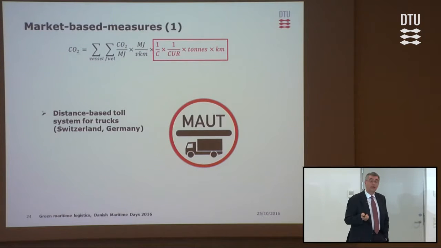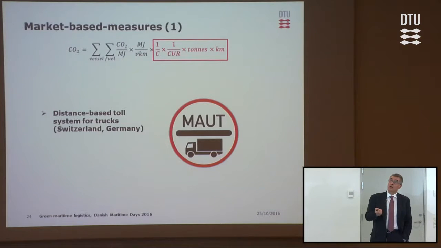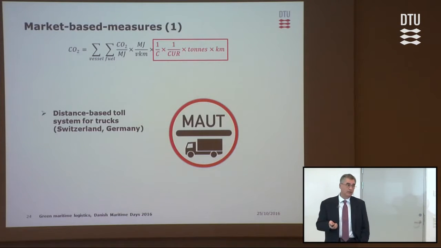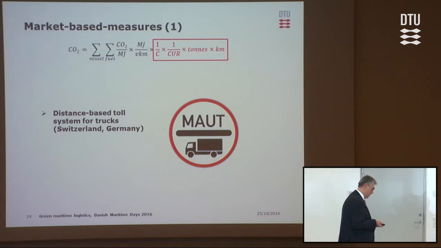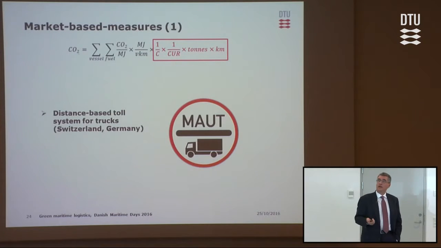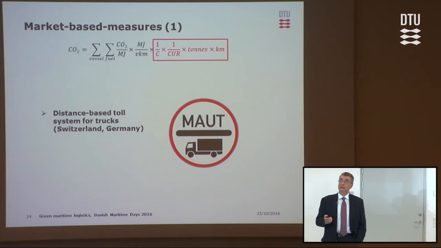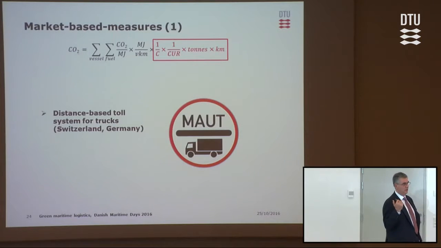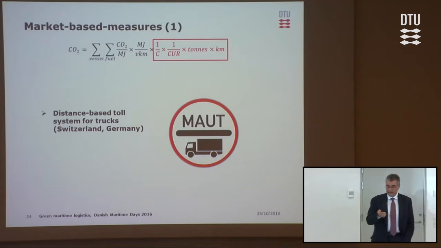So we are talking about a scheme similar to a distance-based toll that is being used in Switzerland and Germany for trucks, where the operator has to pay a price per vehicle kilometer. Of course, in shipping, this hasn't been applied, although it has been proposed for inland waterways, but it hasn't been applied yet.